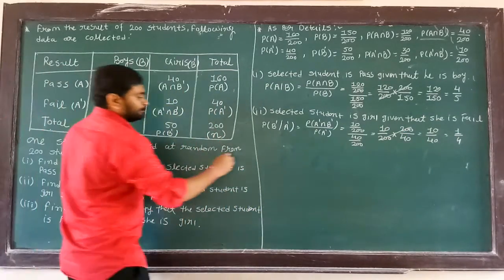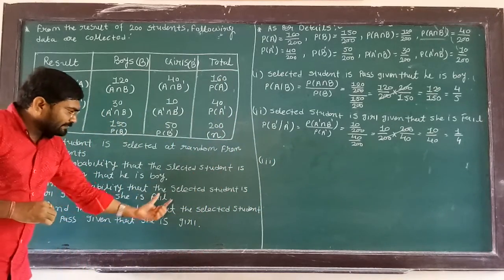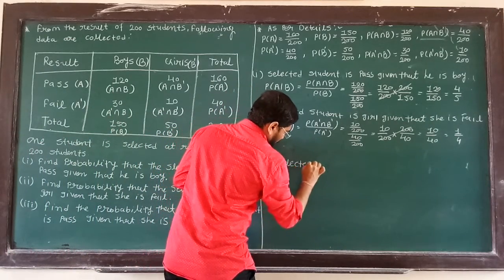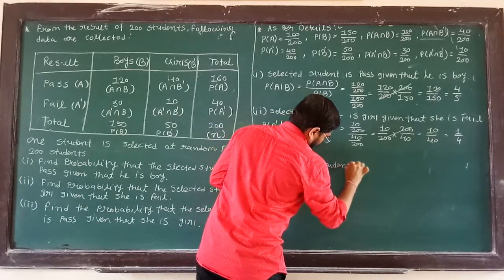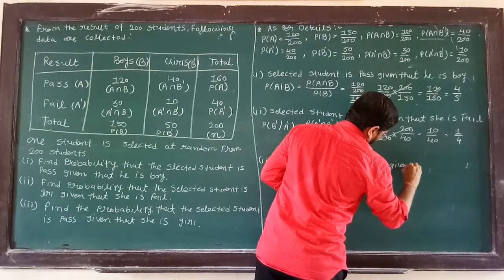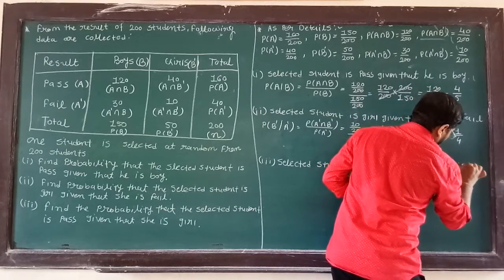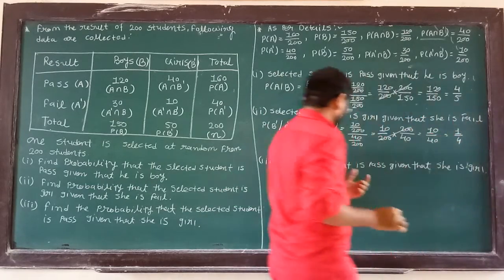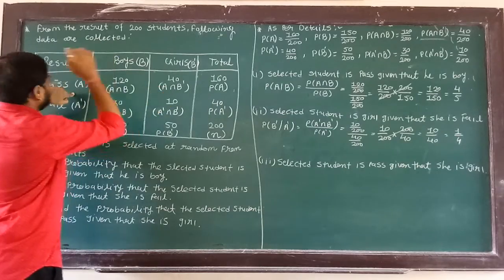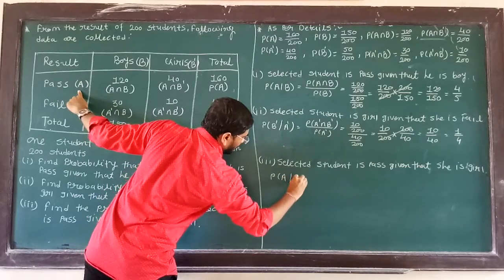Now in the third condition, the probability that the selected student is pass given that she is a girl. Pass means A, and girl means B dash, so A intersection B dash.